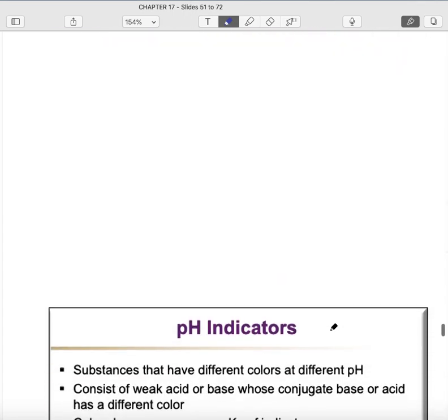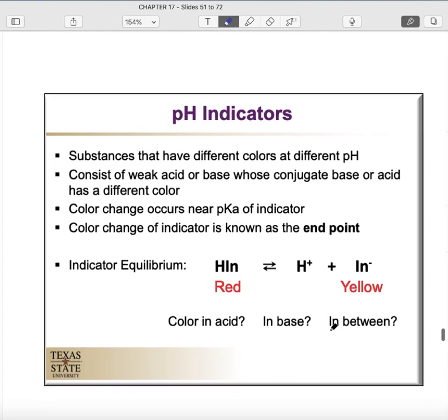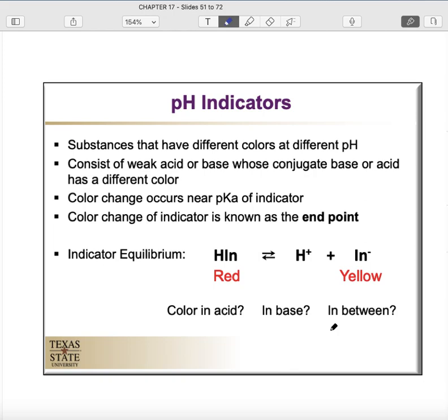So how do we select these pH indicators, or how do those pH indicators actually work? As I mentioned, they are substances or molecules that have different colors at different pH. They actually consist of weak acids or weak bases that have a conjugate that has a different color.